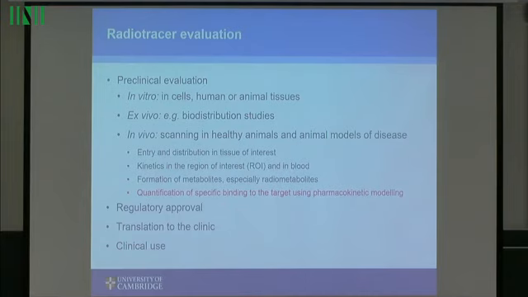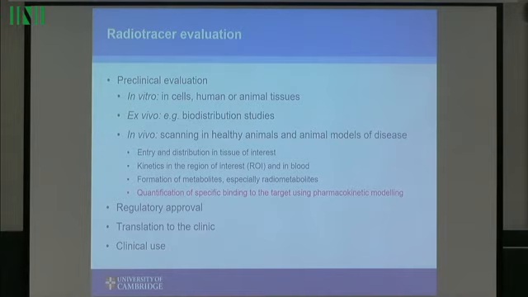Then we would inject the tracer into animal models and see how it is distributed within the various organs in the body, and we would then test in healthy animals and then animal models of disease.